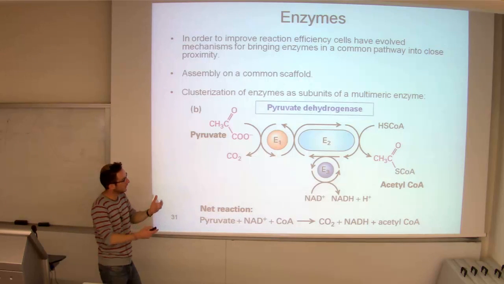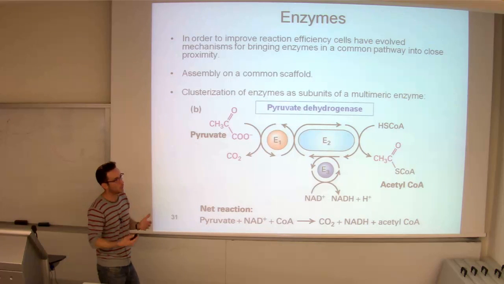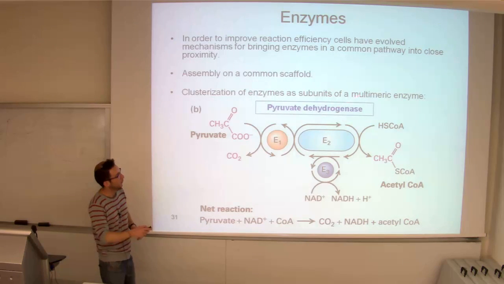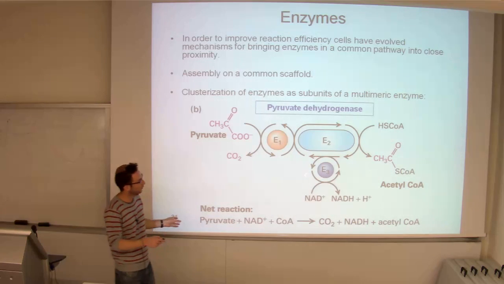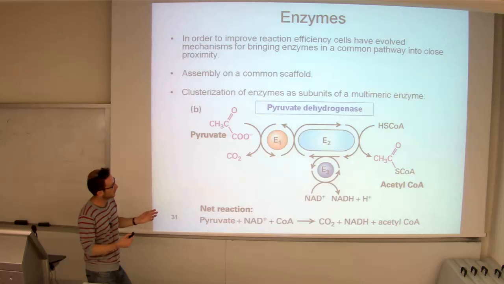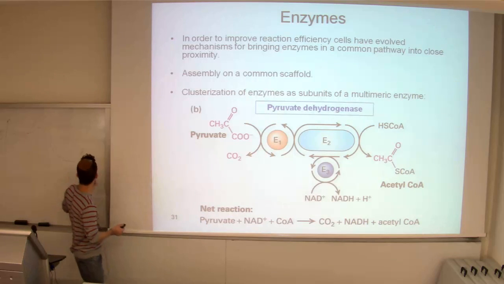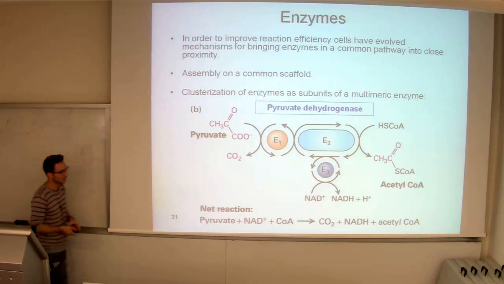This is gained mainly by spatial proximity between these enzymes that promotes the effectiveness of the net reaction, which for pyruvate dehydrogenase is right here. Each part of it is attained through a different enzyme, and it functions as a complex where the different enzymes are localized in such a way that the products of one reaction are in the right position to act as reactants in the second reaction.